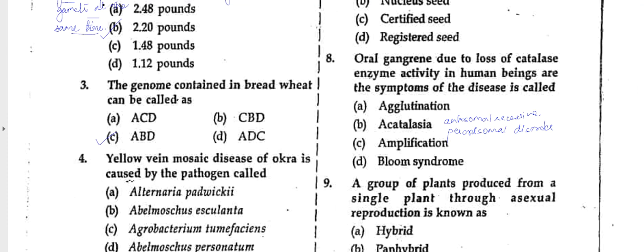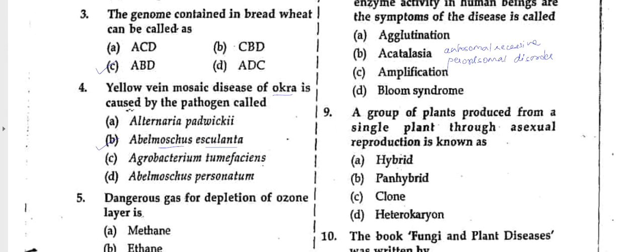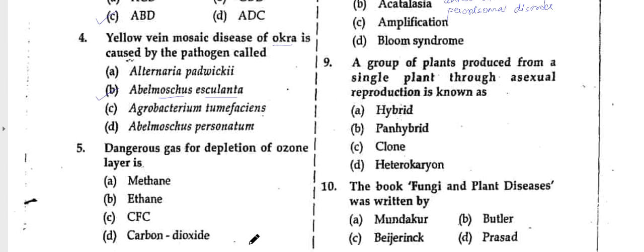Next is yellow vein mosaic disease of okra. Okra is lady's finger. It is caused by a pathogen called Abelmoschus esculentus yellow vein mosaic virus. Question number 5: the dangerous gas for the depletion of the ozone layer is chlorofluorocarbon.